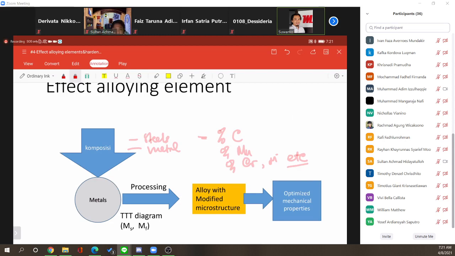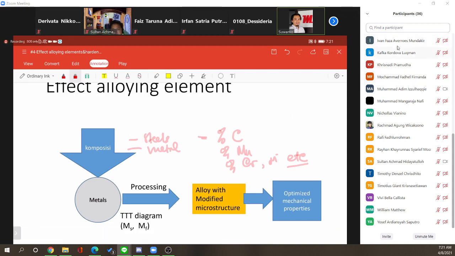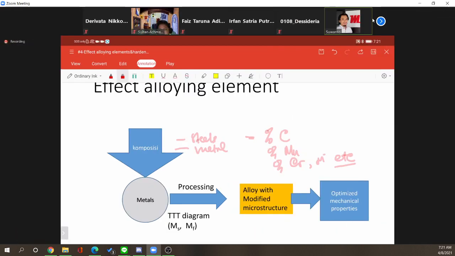We call it the composition of steel. This composition gives the metal its microstructure basically, and this depends on the manufacturing, of course. This is one step here, which is manufacturing.